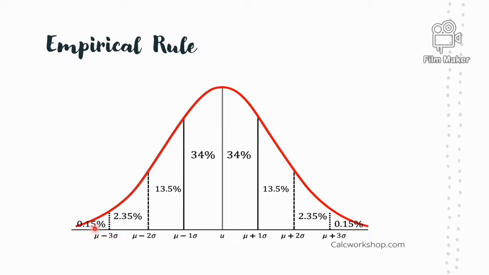We have 0.15, 2.35, 13.5, 34%, 34%, 13.5, 2.35, and 0.15. Take note: if you add them all, the total is 100%.